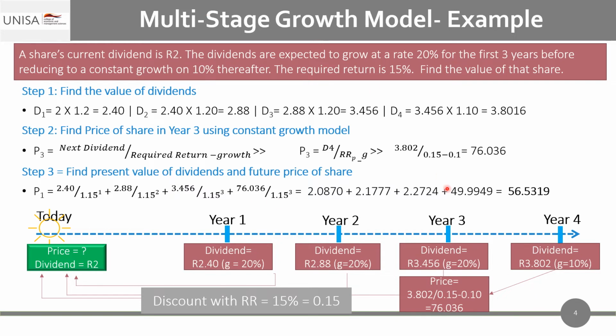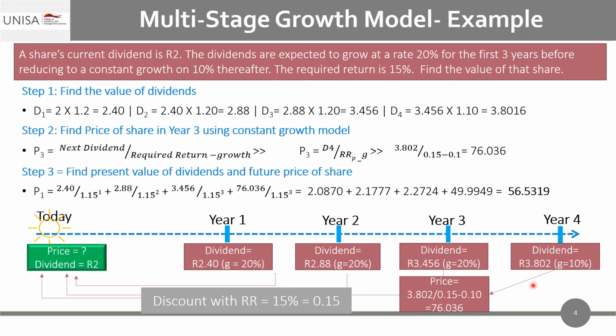So this 3802 is important because it is going to help us find the value of the share in year 3, which is at the end of the high growth period. So we know that in year 3, the value of the share is equal to D1 divided by required return minus G. Our D1 in year 3 looks at year 4.